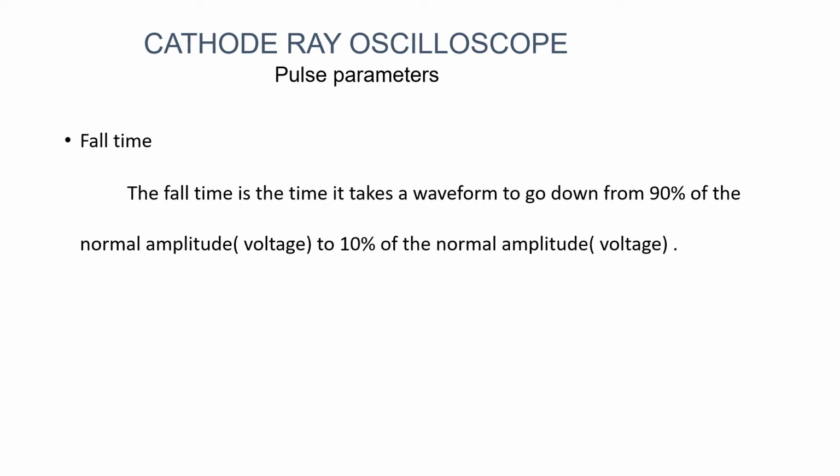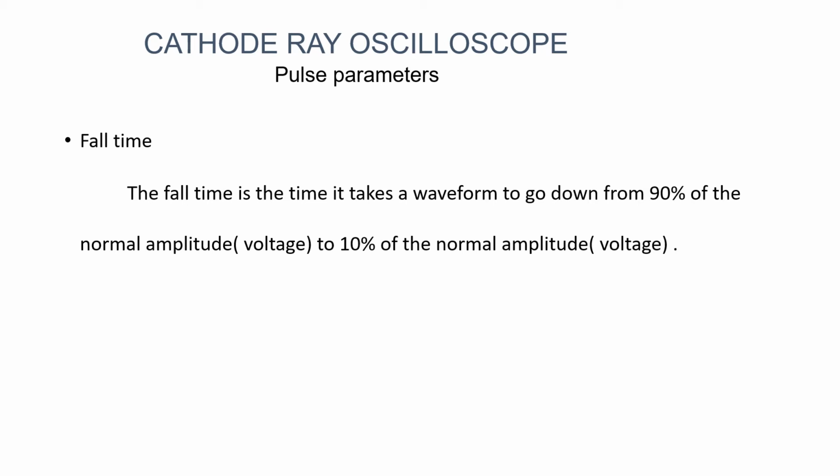So apply this pulse to the CRO, find the maximum amplitude. Then on the pulse waveform, you mark where the 90% of the amplitude is. Then you mark or calculate where the 10% of amplitude is. Next, note down the time at which the 90% amplitude is achieved.